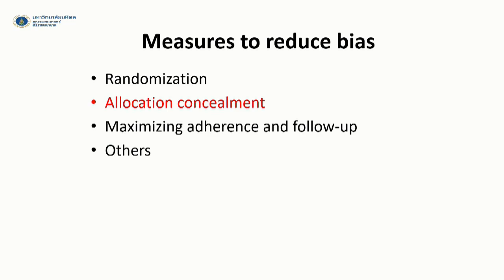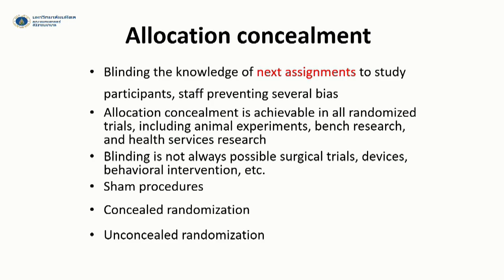And another thing to reduce the bias is called allocation concealment. So what is allocation concealment? It blinds the knowledge of the next assignment to the study participant or staff, to prevent them from having knowledge beforehand.